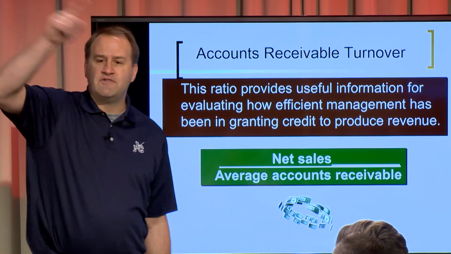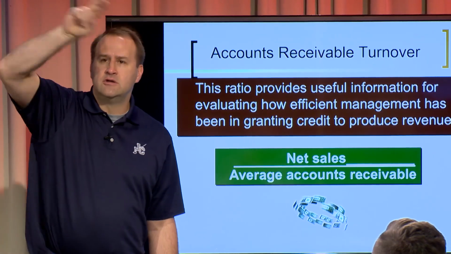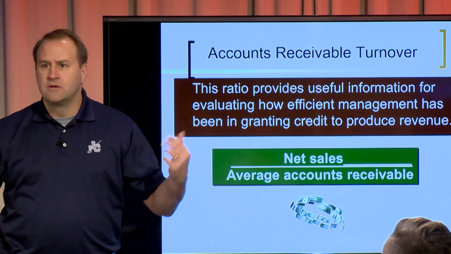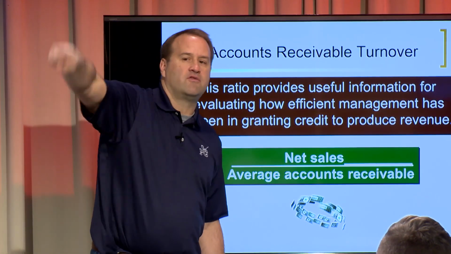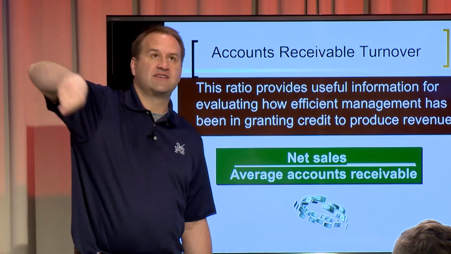One last thing, the ratio at the end of the chapter is the accounts receivable turnover ratio. Remember how we talked about inventory turnover? We want inventory to turn over. We want that cycle to occur efficiently so that cash is predictably and consistently coming in. Well, we want our receivables to turn over quickly, all things being equal.